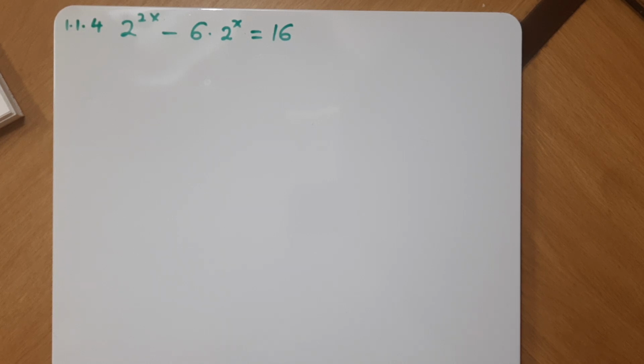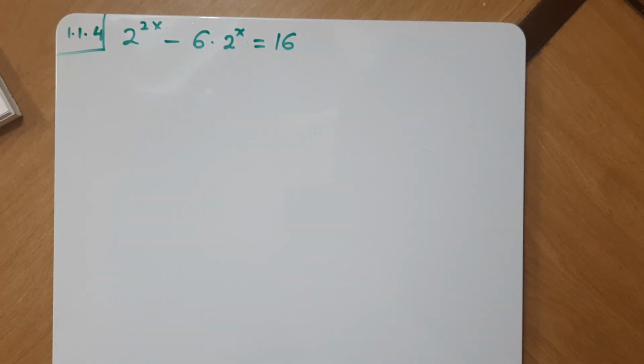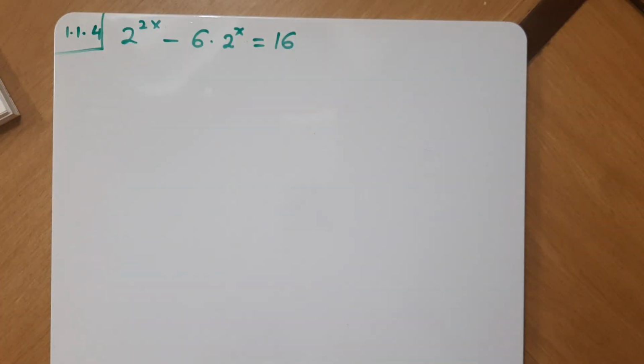Okay, so here we have question 114. We have 2 to the power 2x minus 6 times 2 to the power x equals 16.